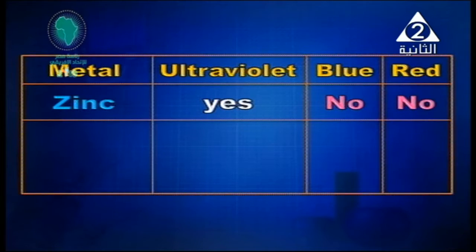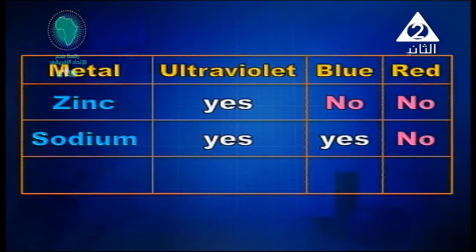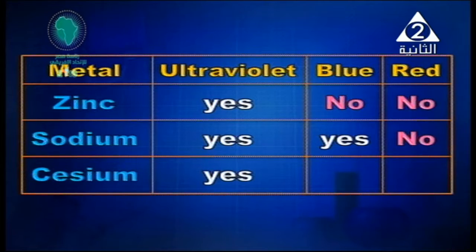Red, of course, did not. Sodium: ultraviolet managed to extract electrons from it. Blue also managed to extract electrons from sodium, but red didn't. And cesium: ultraviolet managed, blue managed, and red managed.